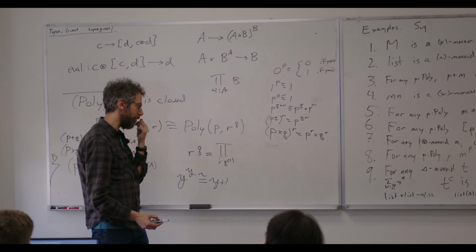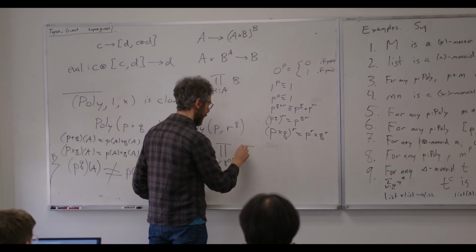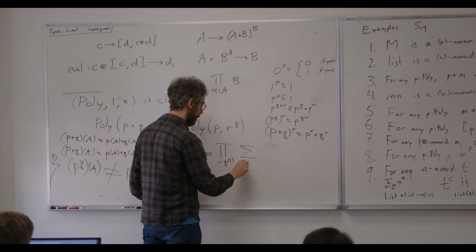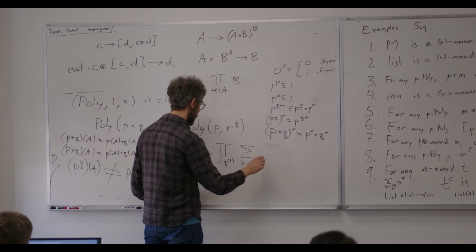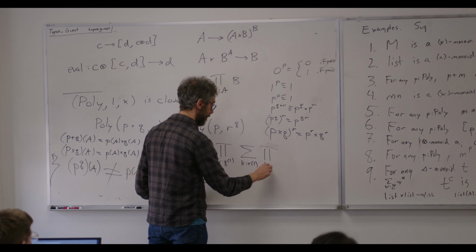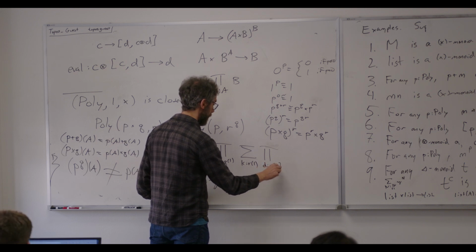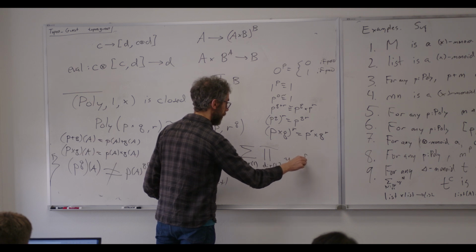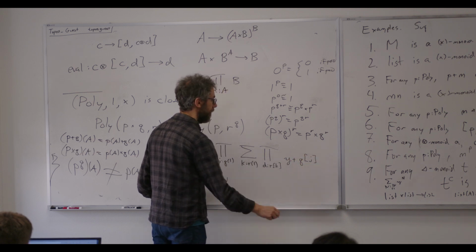I probably should have given you substitution product much earlier. Okay. Positions of R. Product over the directions of R of y plus Q bracket J.